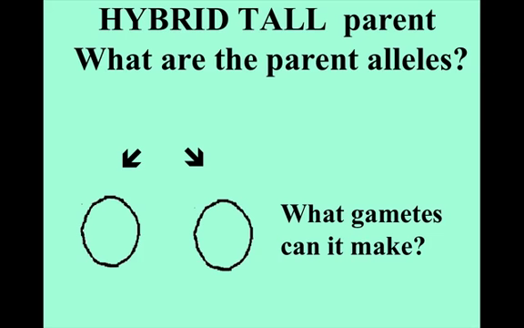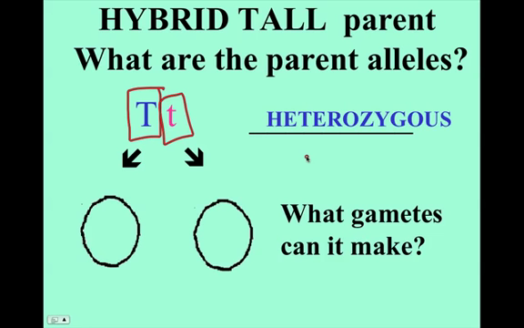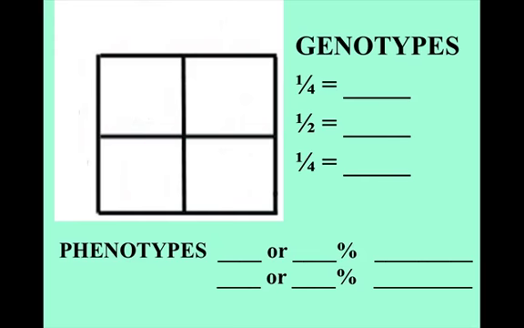Now we're going to look at what it is if we do a hybrid tall parent. So the letters that go together are going to be in a hybrid. We're going to have one dominant and one recessive trait. And these are called heterozygous. What can the gametes look like? One big T goes in one and a little t will go into the other. So if we are doing our Punnett square, the one parent goes on the top, big T, little t.